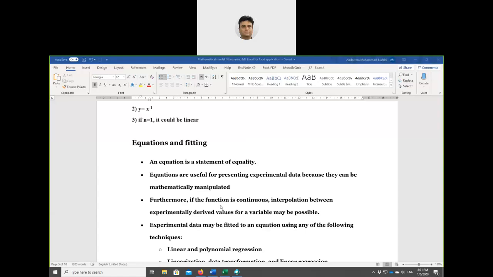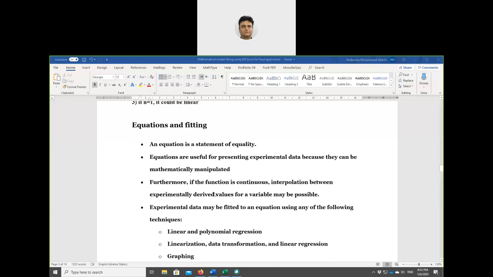Then by fitting a model, you can easily predict at each exact time. So equations and fitting can help you fit your experimental data to a mathematical expression.